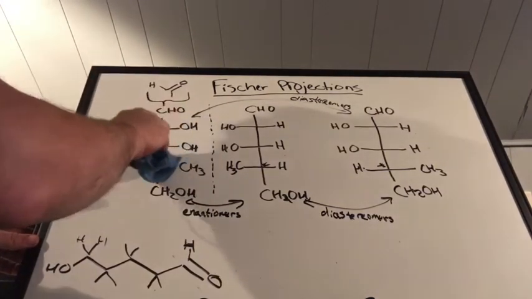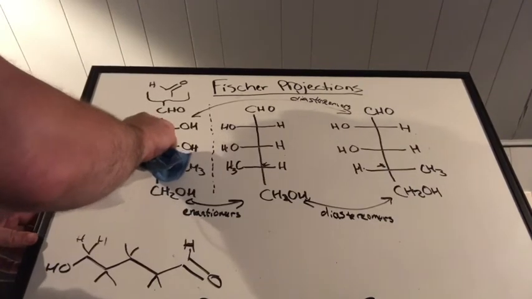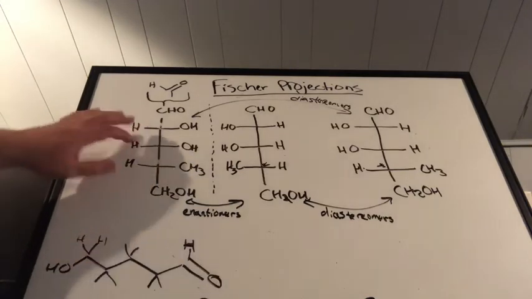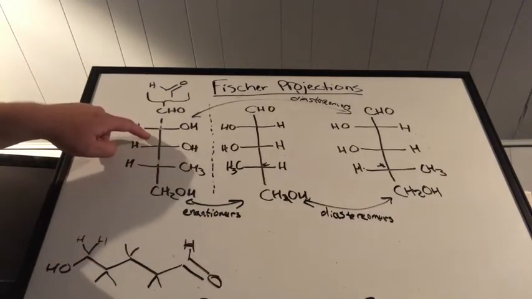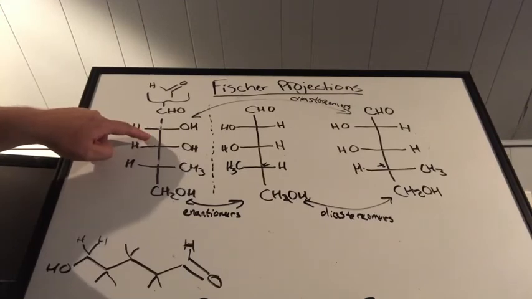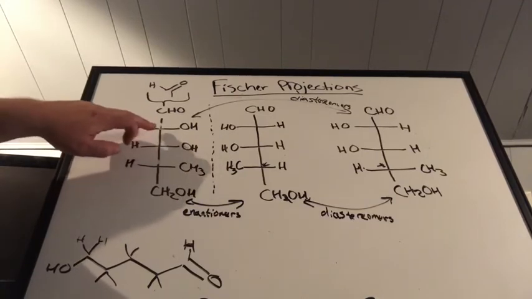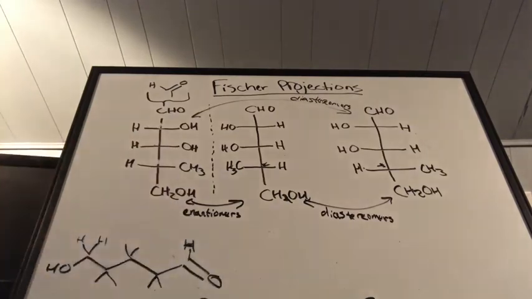If something's lowest priority and it's in the front, it needs to get flipped over and reverted to the back. So pause for a minute and give this one a go before we get going. We're going to look at this particular isomer and figure out what the configurations for carbons 2, 3, and 4 are, and then we're going to figure it out for the rest of these.